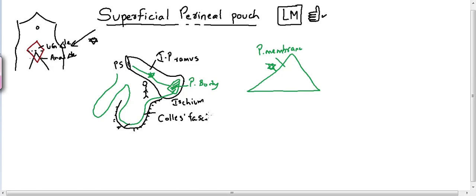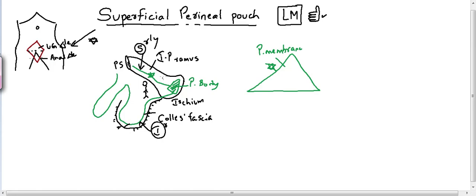So that is the superficial relation or the inferior relation. Superiorly or deeply there will be the perineal membrane. Superiorly can also be called as deep, inferiorly can also be called as superficial location.